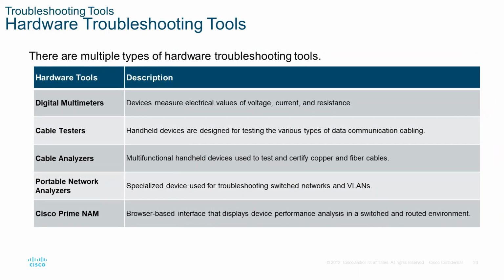Now, what if we need to diagnose the actual hardware? The cable. We can use multimeters if we really need to. That will tell us whether we've got current and voltage, especially if they're providing PoE, whether we've got the right resistance.